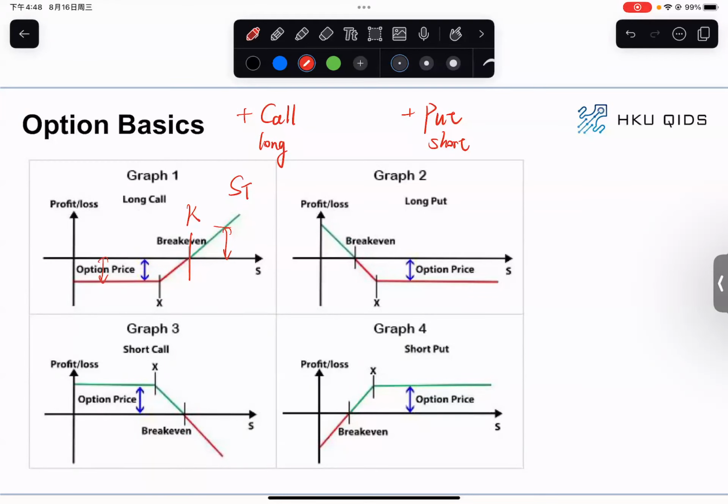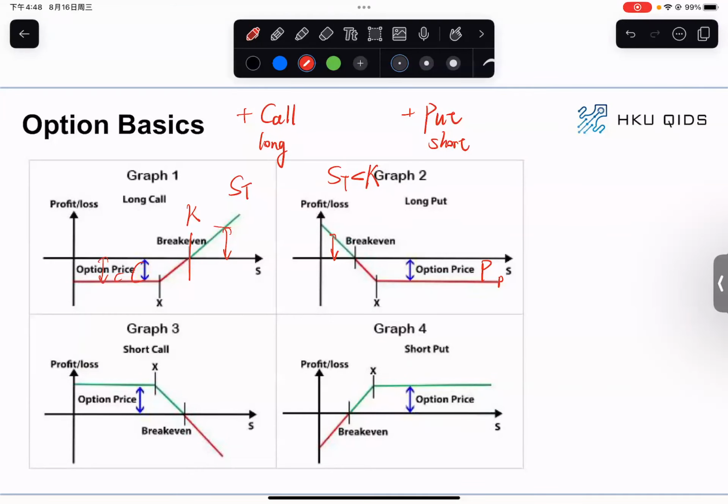And if I long a put, it's just another situation. If ST at maturity is smaller than K, then I'm going to win this amount. And if it jumps up to a higher level, then of course I will not choose to execute it, and I'm going to lose the option price, which is P. This is C, right?